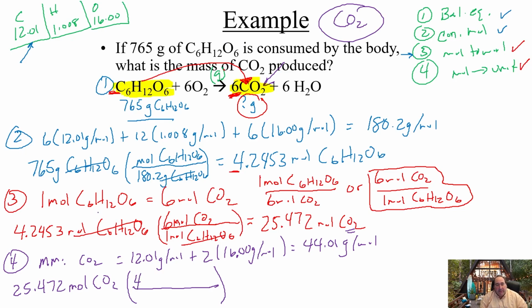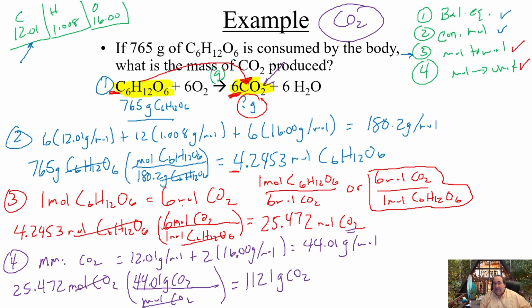So we're going to put grams up on top, 44.01, moles on the bottom. Remember, molar mass is grams per 1 mole. That's why we don't take the coefficient into account. We're going to multiply by 44.01. That's going to give us a number of 1121 grams of CO2.